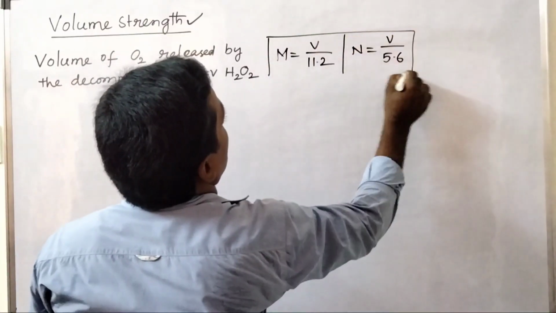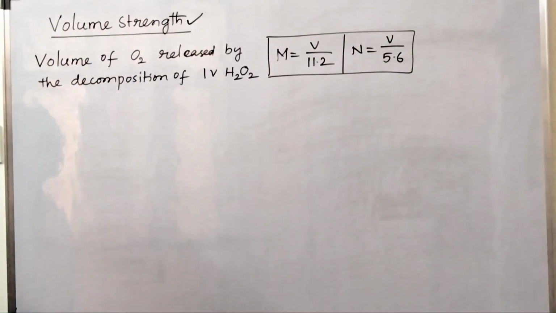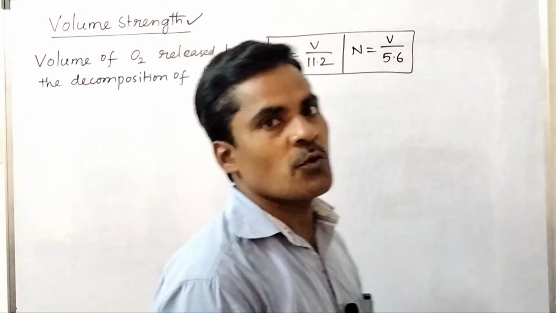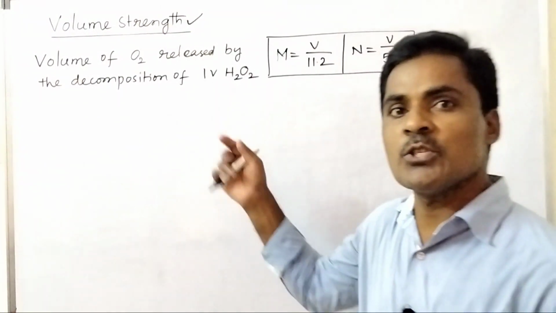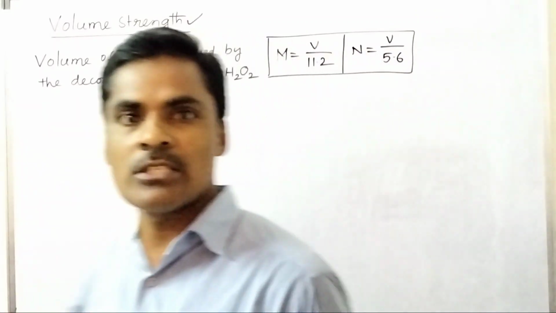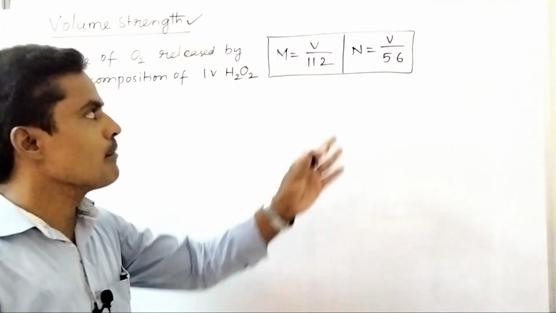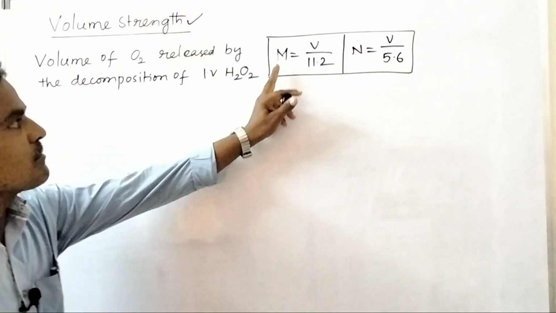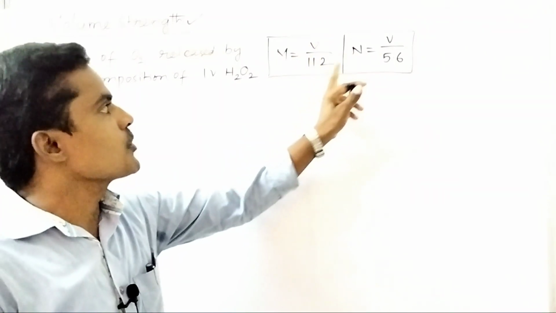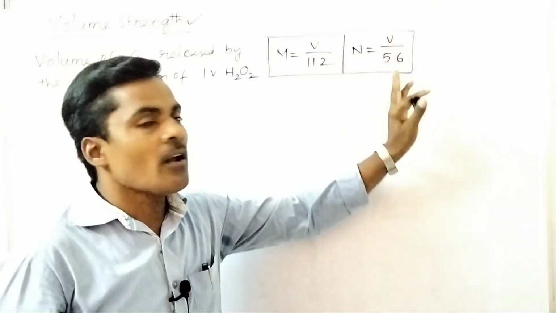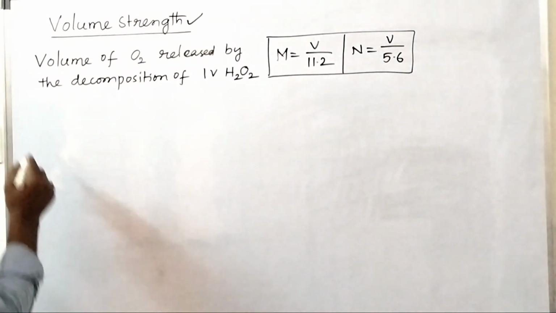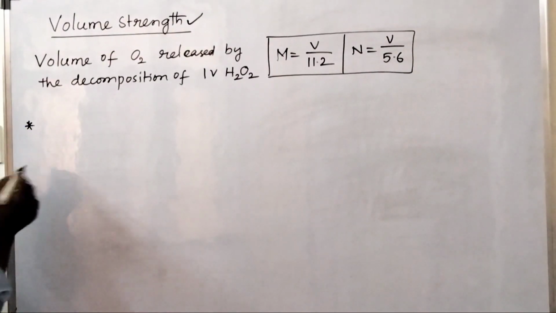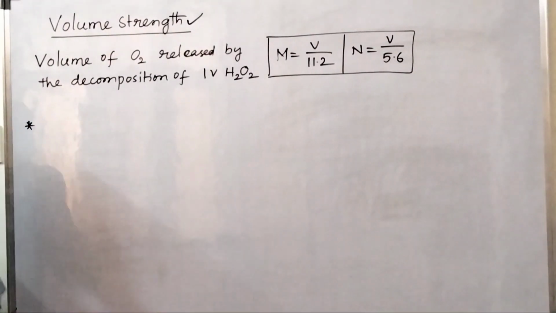You must remember these two formulas to calculate the concentration of hydrogen peroxide solution whenever the volume strength of H2O2 is given. These two formulas are very important.